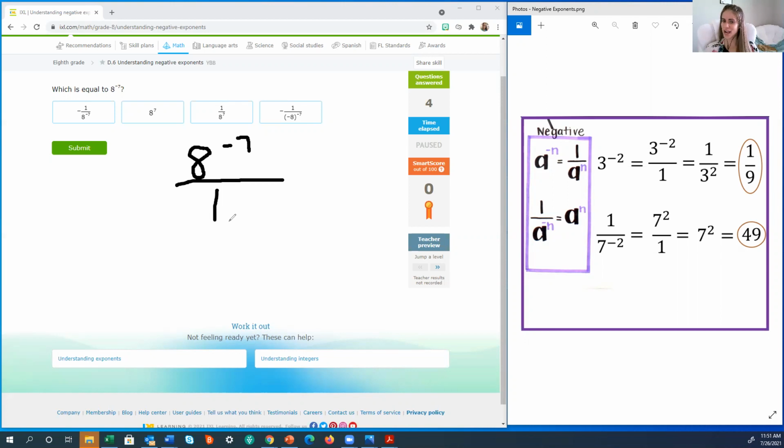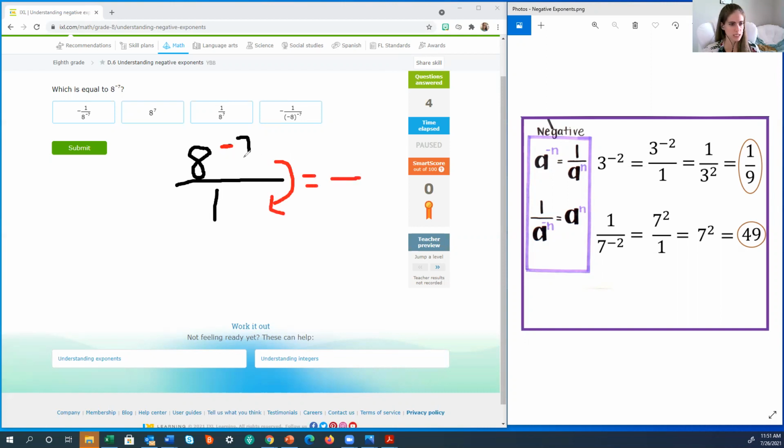Now it's rewritten as a fraction, which means we can move the 8 to the -7. It's currently in the numerator. We can switch sides, move it to the denominator, and it will change its sign, make it positive, make it happy. So this negative right here is what's causing our move.